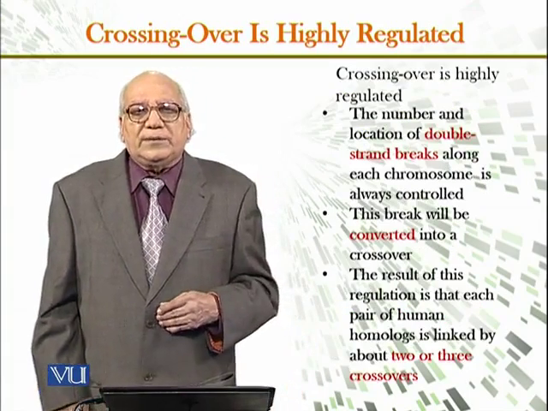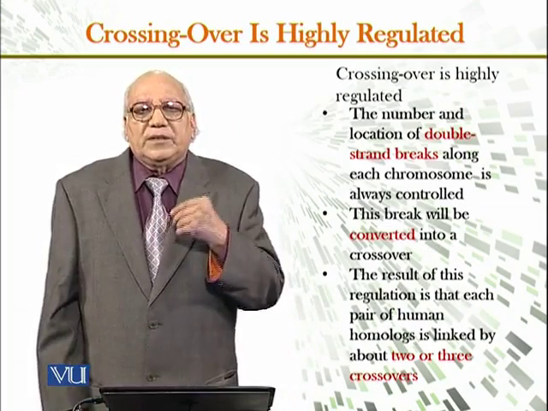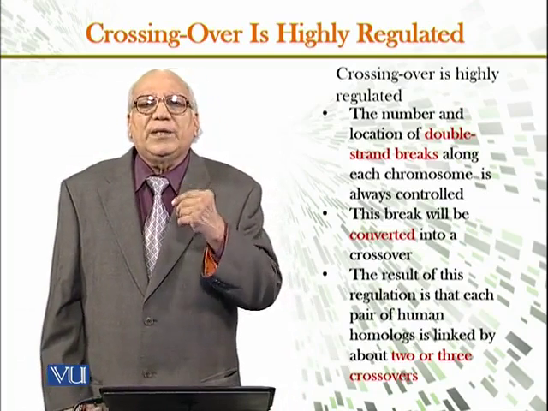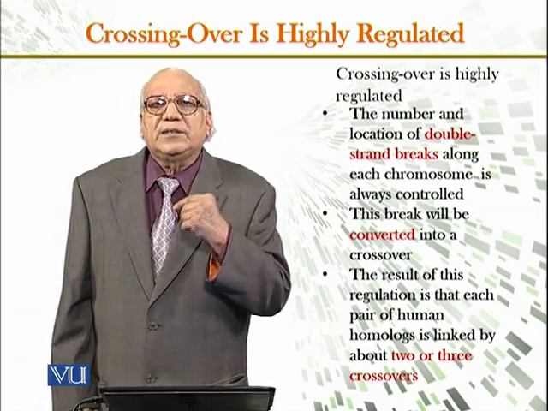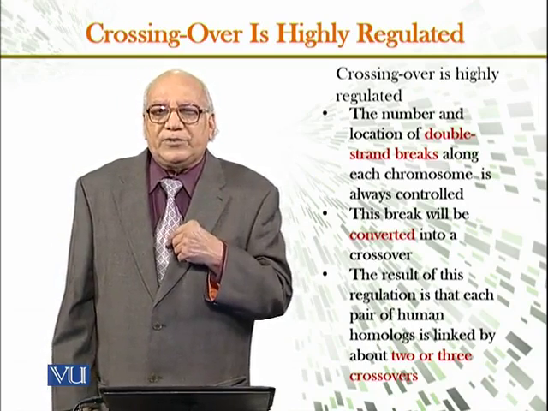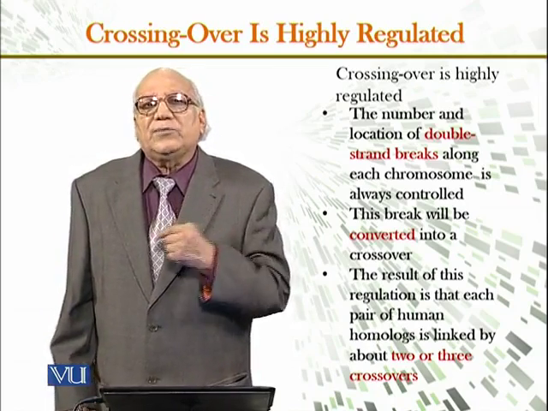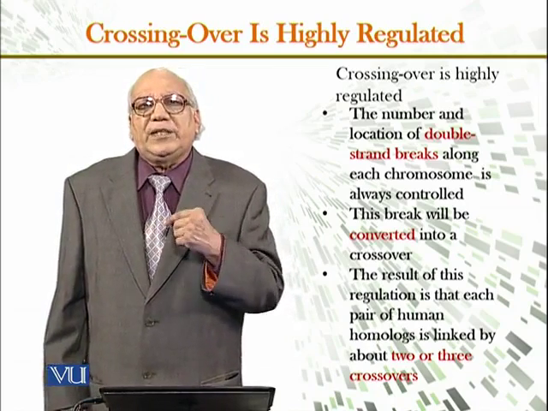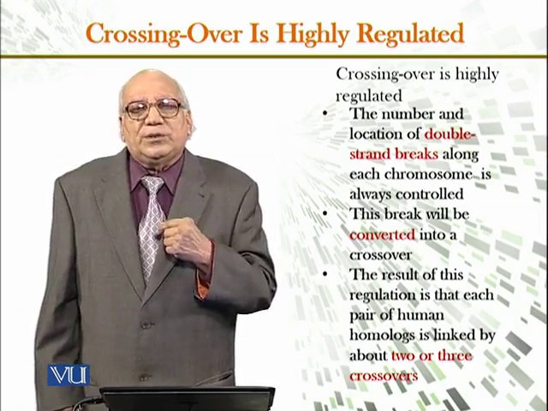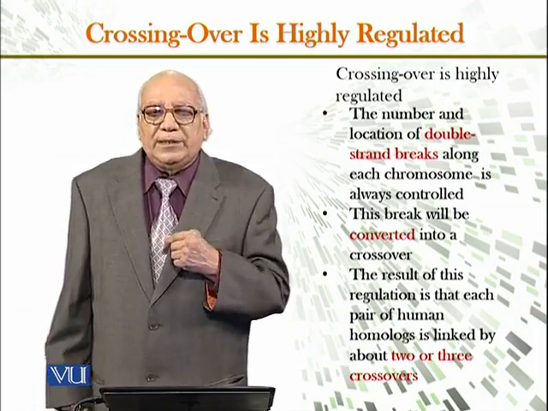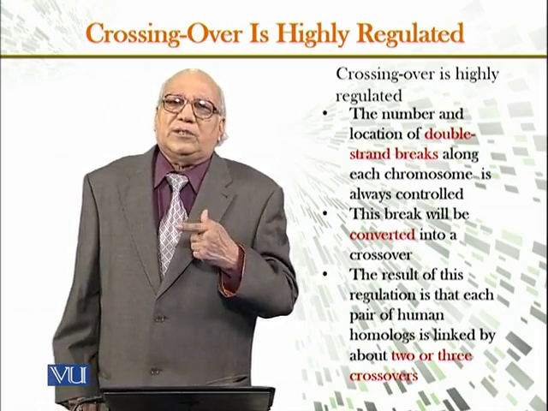Now, crossing over is regulated in the following ways. The number and the location of the double strand breaks along each chromosome is always controlled. जब double strand break होता है, तो this number is controlled and this break will be converted into a crossover.